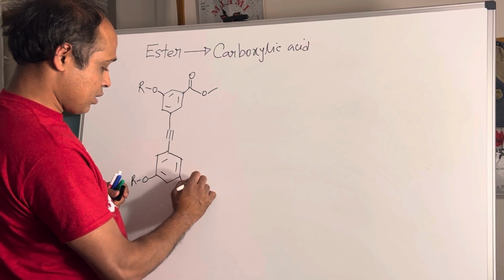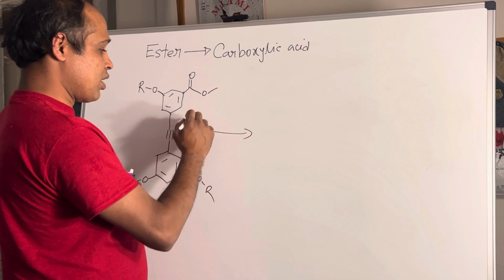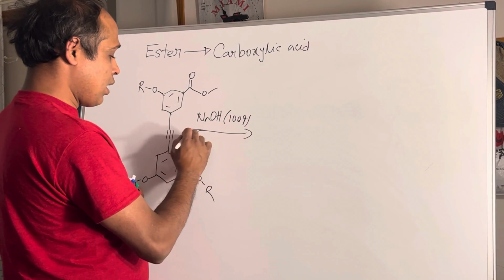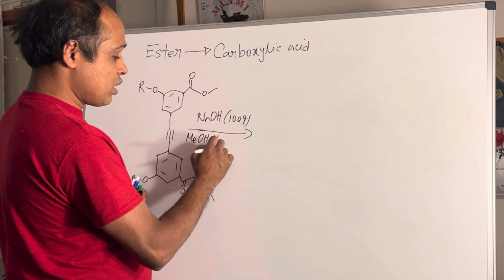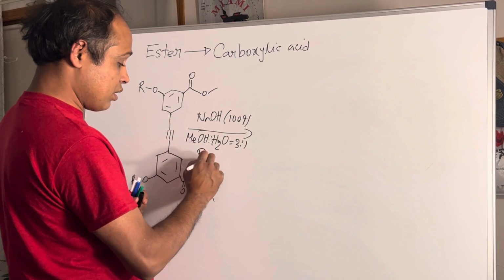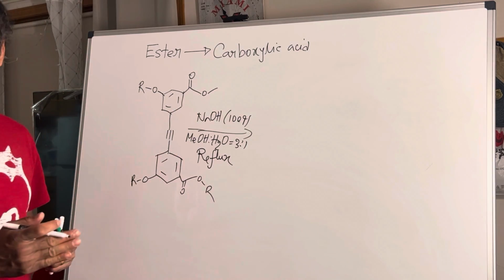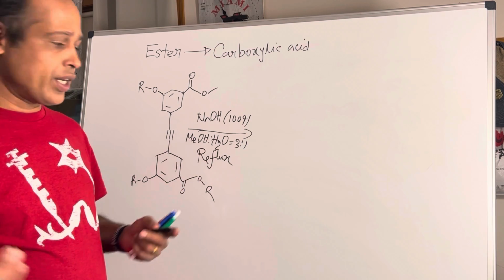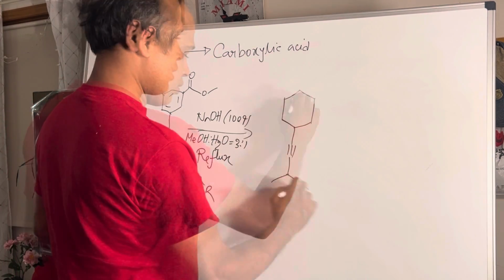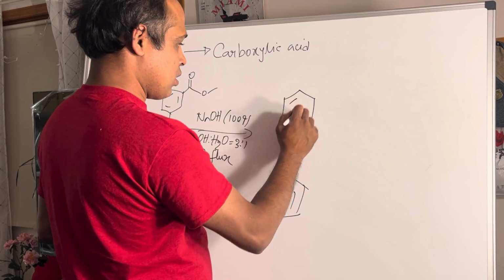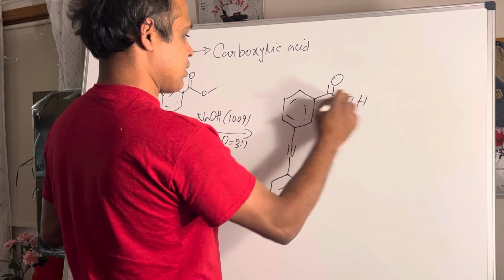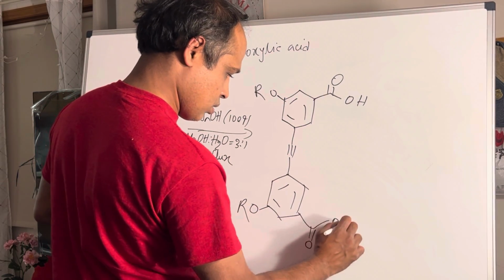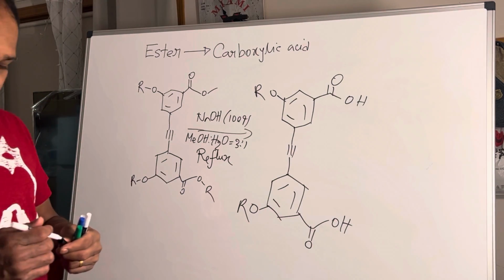If you have this ester, the same method: sodium hydroxide 10 equivalents in aqueous solution, and methanol, water 3:1, and reflux. Definitely you have to do reflux. In the previous reaction I showed, there is also reflux, 65 to 70 degrees Celsius heating for 12 hours or overnight. So on both sides it will give you this carboxylic acid. So this is the product.